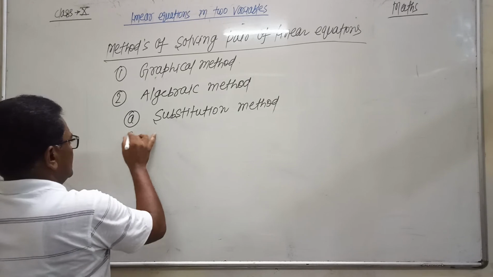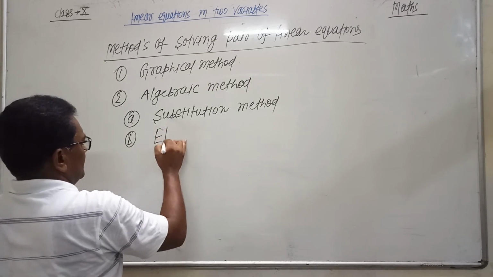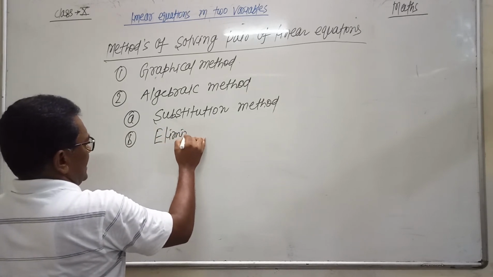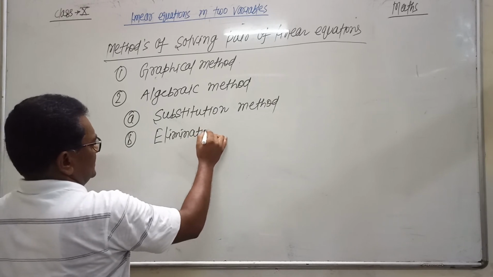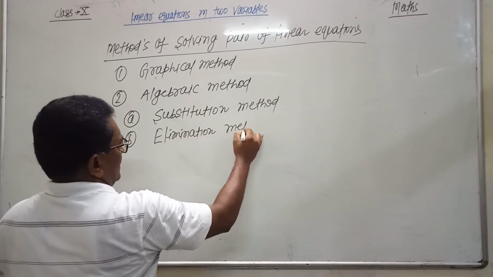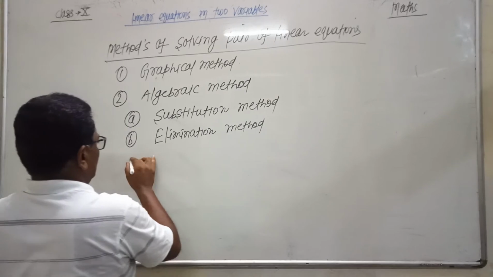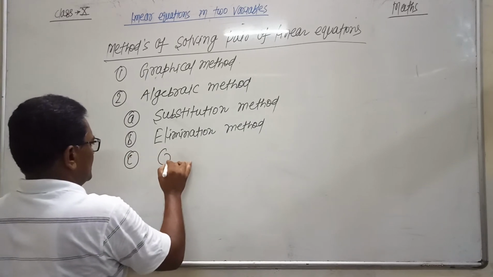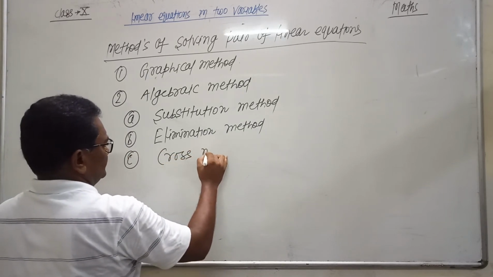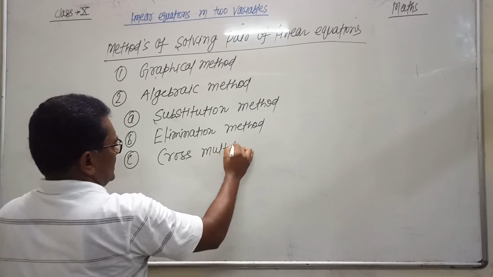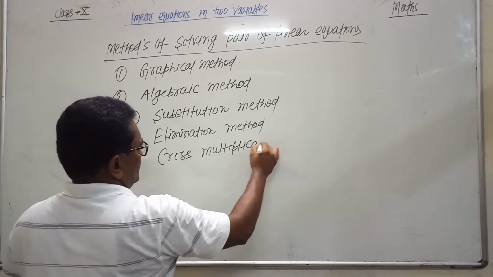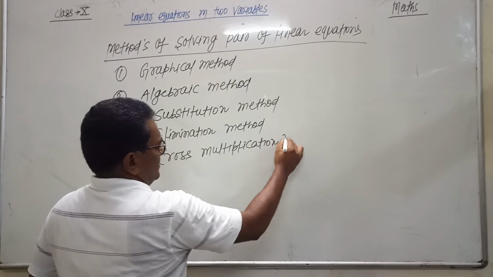Second is called the elimination method. And third is known as the cross multiplication method.